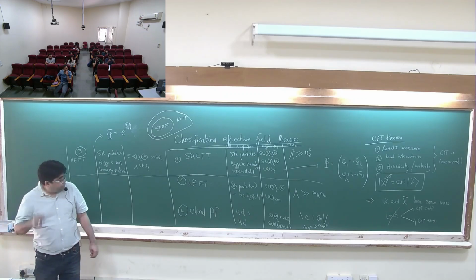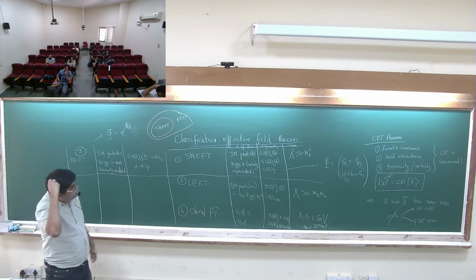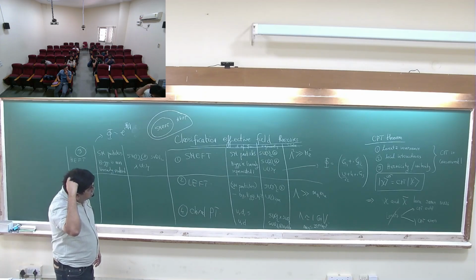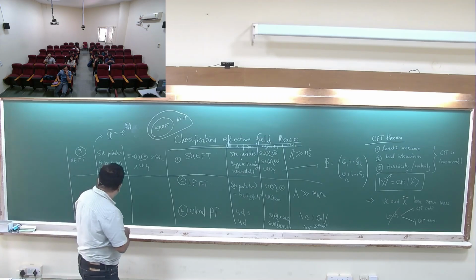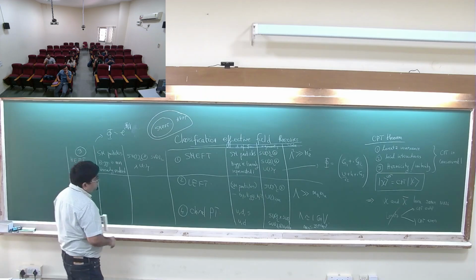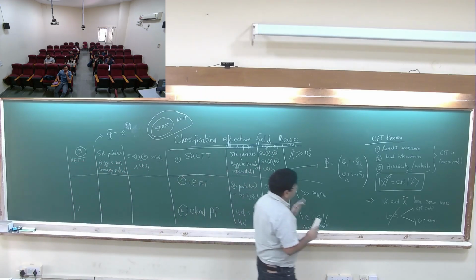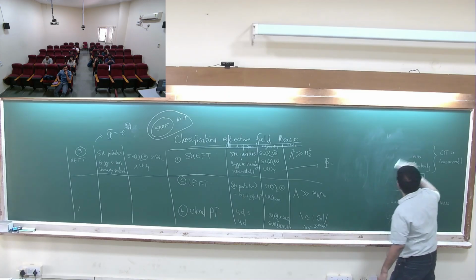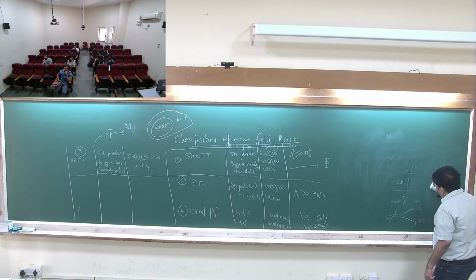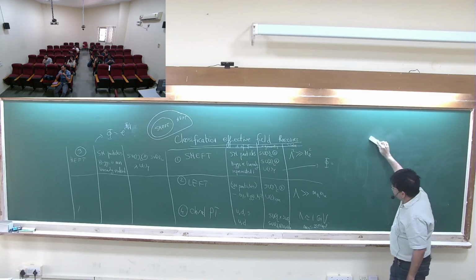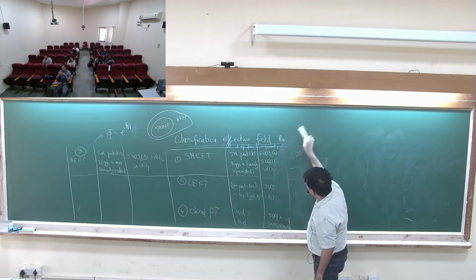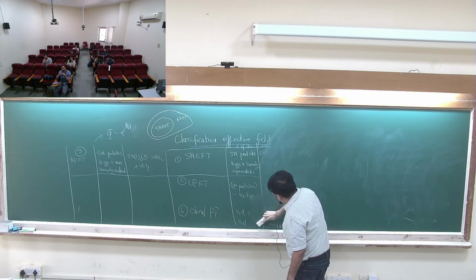Yeah. So this is a classification which we are looking at. I'll just sketch the same thing again, because of all the questions, I realized that many of you have not understood the basic philosophy of effective field theories.